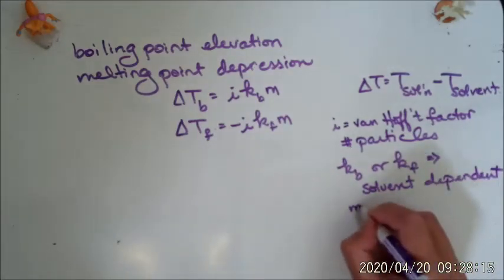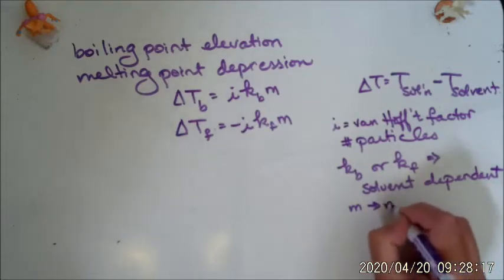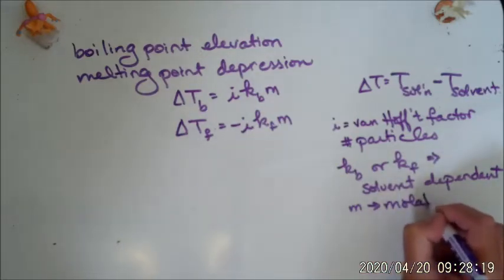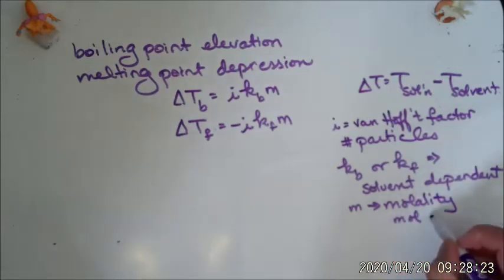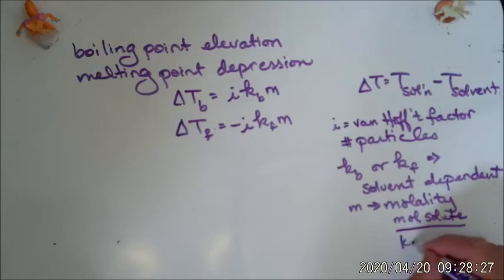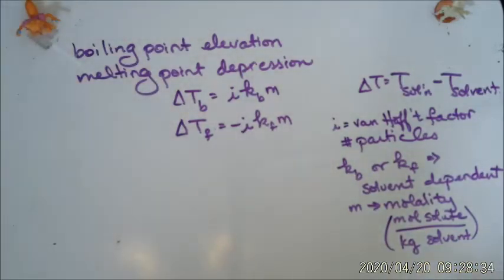And then m is your concentration in molality, that's in moles of solute per kilogram of solvent. Not solution, solvent. So let's go through and talk about it a little bit before we do an example.